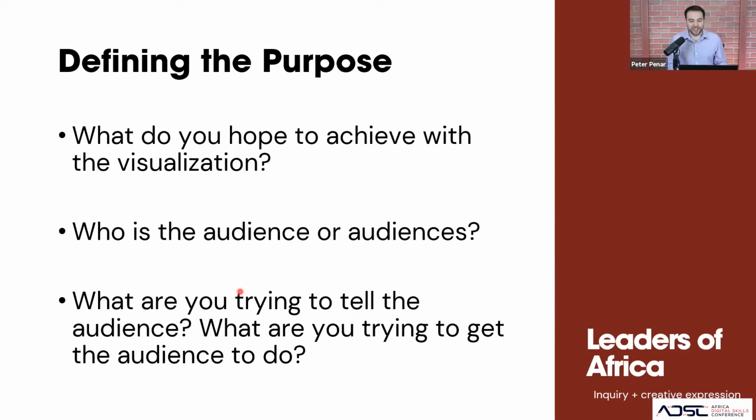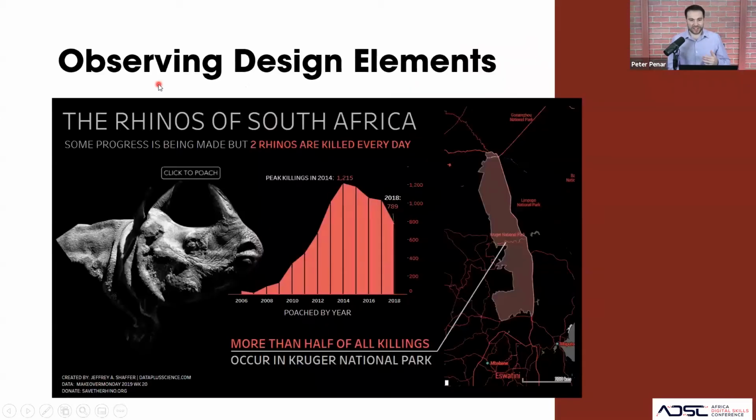So we're trying to get them, for example, in the rhinoceros example, to stop poaching, or to give money to anti-poaching organizations, or to be an advocate against poaching of rhinoceroses. And I'll flip back to that example for those of us that joined just a little bit late. That was this example right here, right? So they're obviously trying to get us to think about this issue of poaching and how we can get involved in stopping the poaching, given that it has expanded significantly since the early 2000s, right?